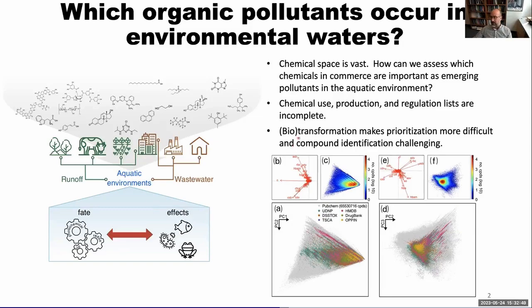And then, as I'll talk about in a few minutes, transformation in the environment, biotransformation, either in aquatic environments or during wastewater treatment, for example, takes this already complex set of molecules and makes it much, much more complex. So this is the real challenge that we face, and we put that problem statement out there.